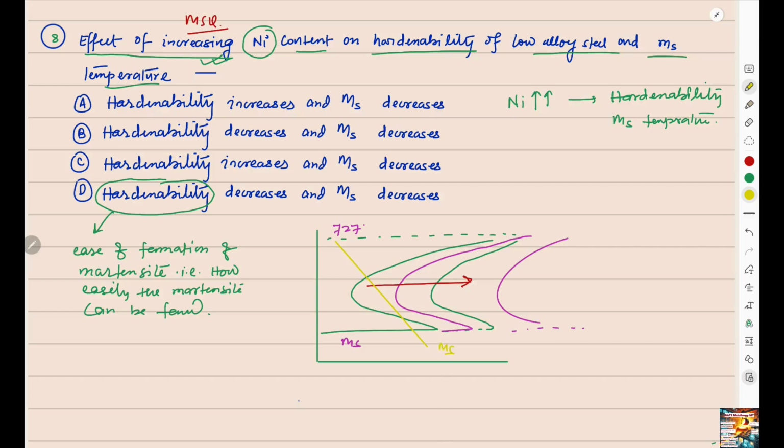That means now martensite can be formed even with a slower cooling rate. Earlier we had to go around the nose and then we could form martensite here. Now with a slower cooling rate, it can form martensite here. So the effect is that with a slow cooling rate, martensite can be achieved, so the hardenability is increasing. Why does this happen? Because nickel is an austenite stabilizer due to its FCC crystal structure.